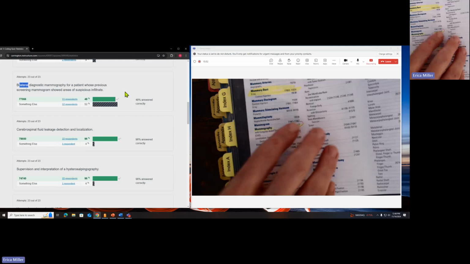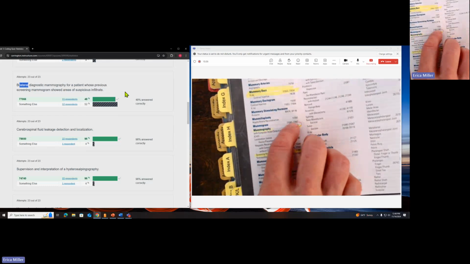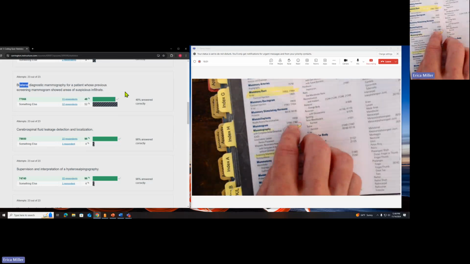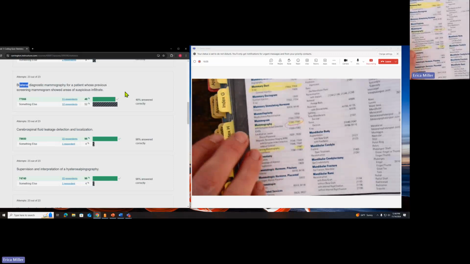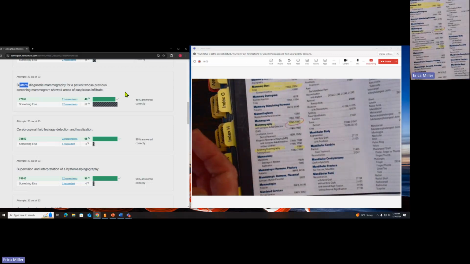So general rule of thumb is you just start with your default index entry code, so mammogram, and then you just have to look through this range of codes, right? Because there isn't one that's specifying diagnostic from the index. Okay, sometimes that happens. It's all good, right? Just start with that initial range and then take it from there.